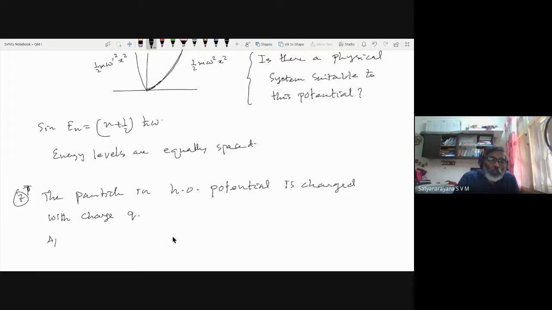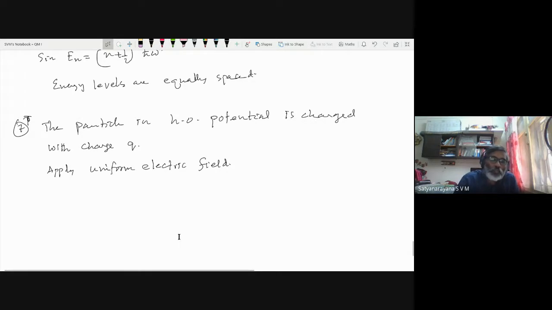Now you apply an electric field, a uniform electric field.